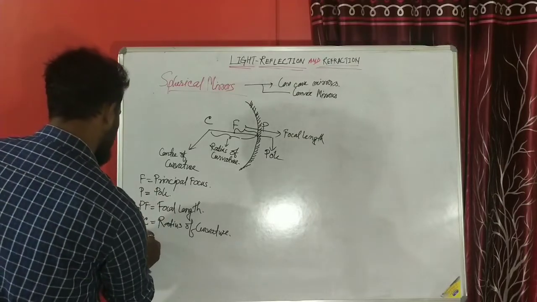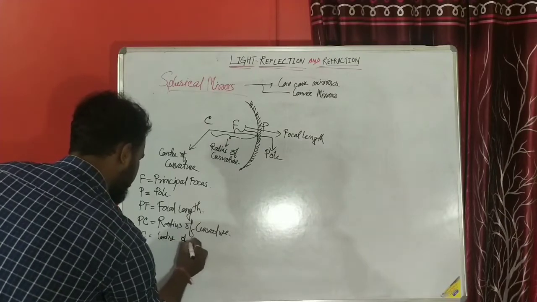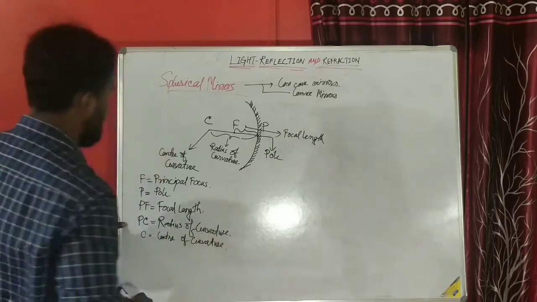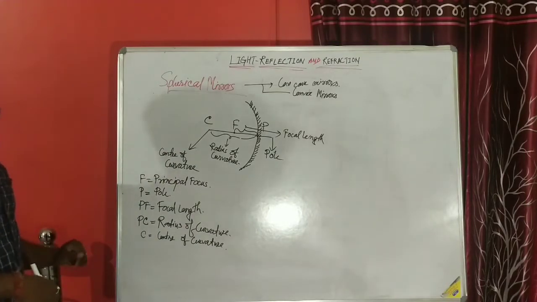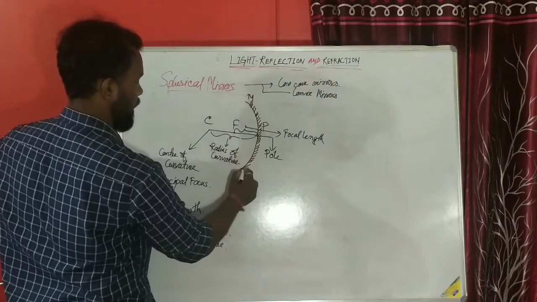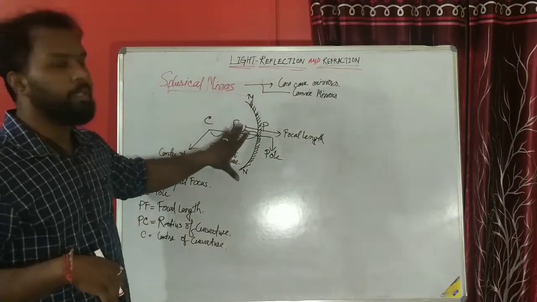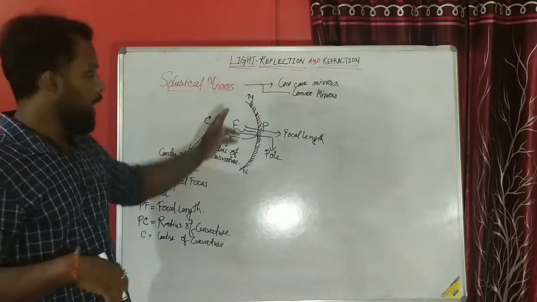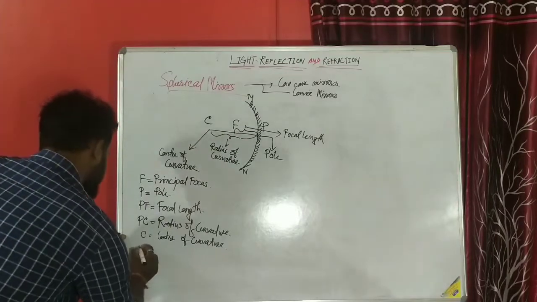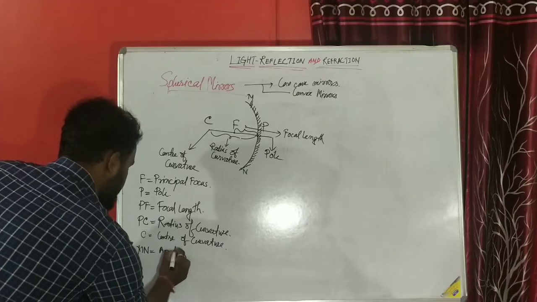That C is nothing but the center of curvature. There is again one more term. This is M and N. This MN is the cut portion from that sphere, and this MN region is known as the aperture.